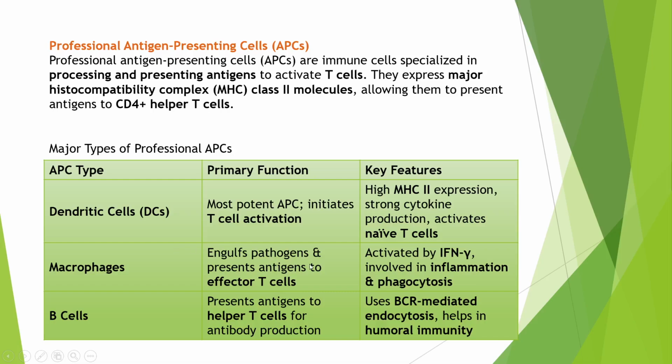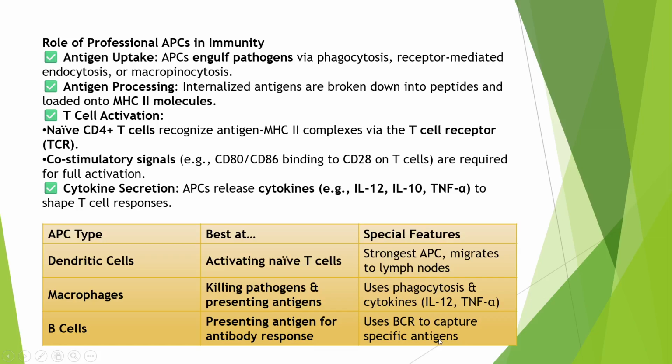Macrophages engulf the pathogens and present antigens to effector T cells activated by IFN gamma, and are involved in inflammation and phagocytosis, because macrophages are also phagocytic cells. B cells are also antigen presenting cells, presenting antigens to helper T cells for antibody production. BCR-mediated endocytosis can also occur and helps in humoral immunity.